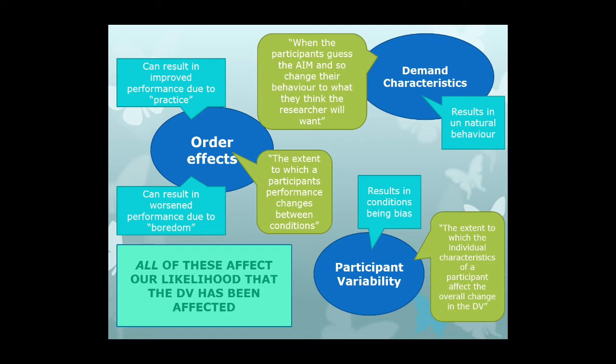So, we are going to go with the strength of matched pairs design. So, one strength of matched pairs design is that it avoids demand characteristics. This is because participants only take part in one condition, which means they cannot guess the aim.